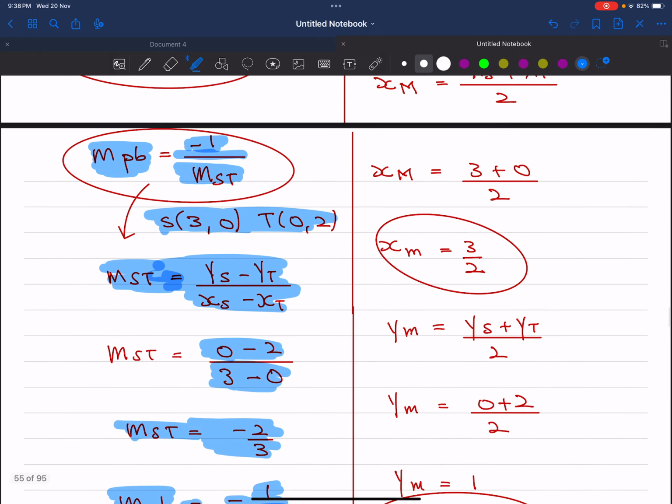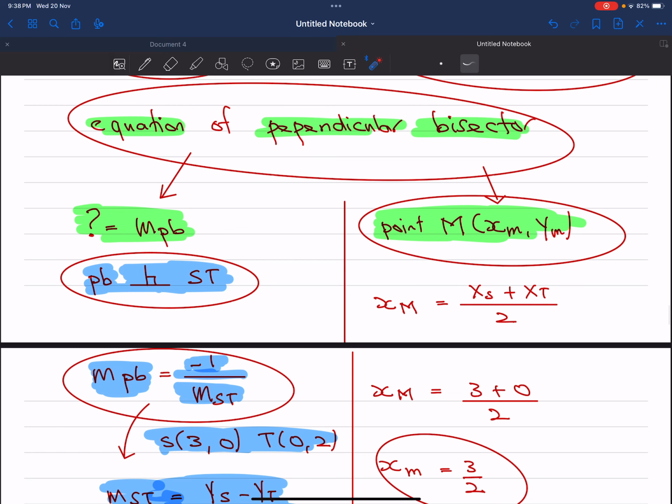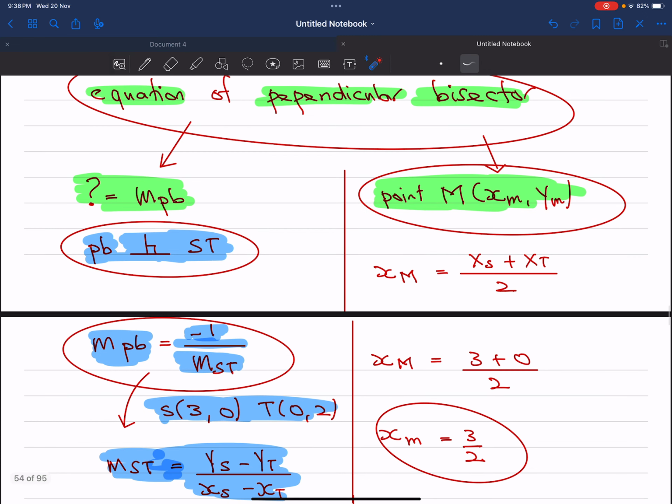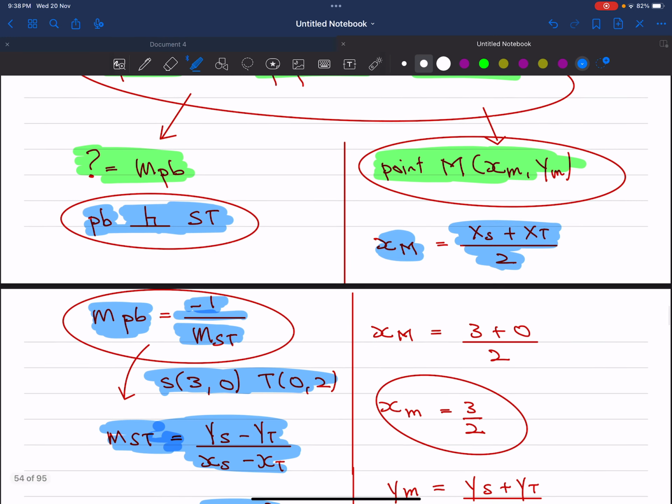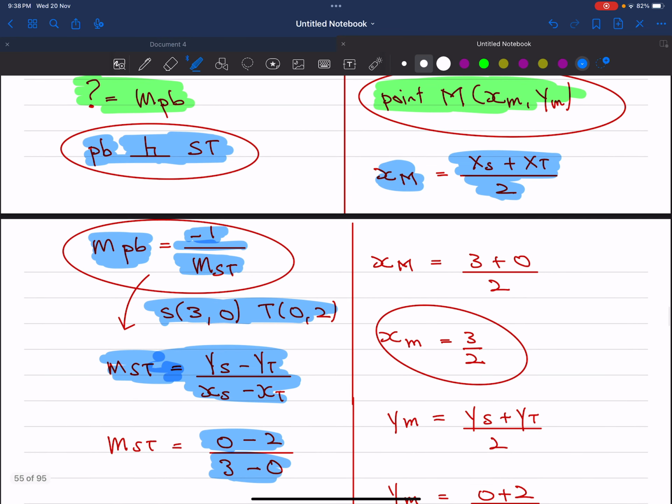Only left now the point, the midpoint M. Use the formula, the x-coordinate of the midpoint, xs plus xt over 2. The x-coordinate of S is 3. The x-coordinate of T is 0. Therefore, the x-coordinate of M is 3 plus 0 over 2.